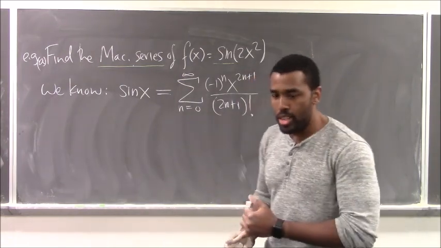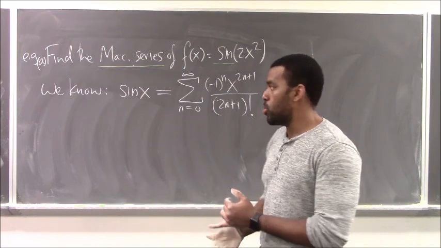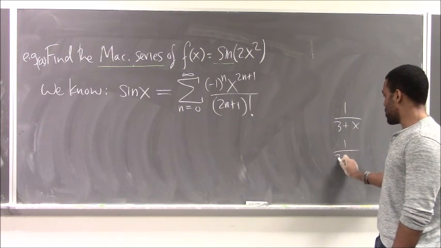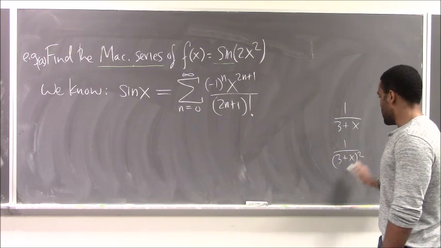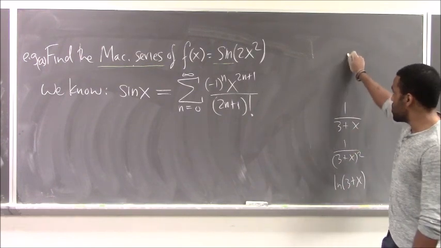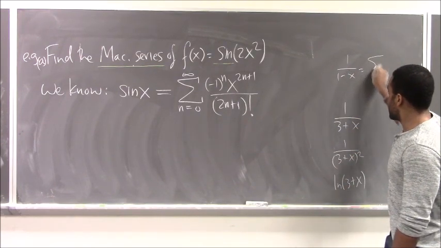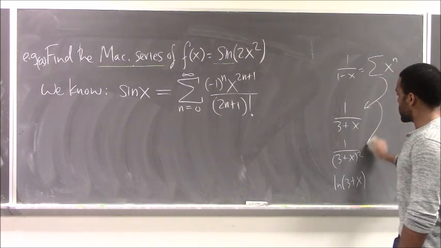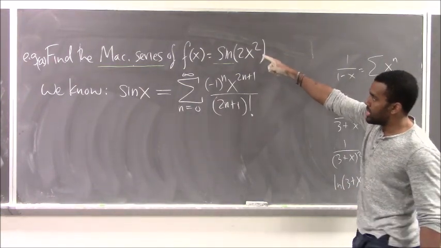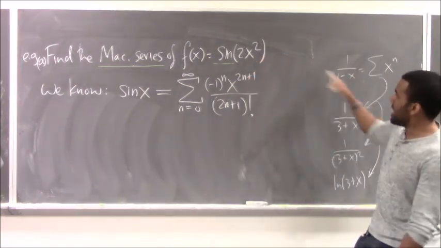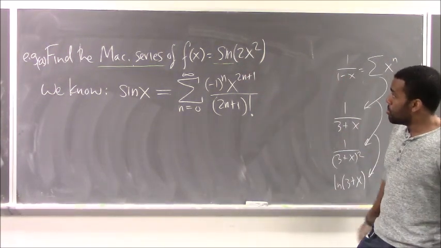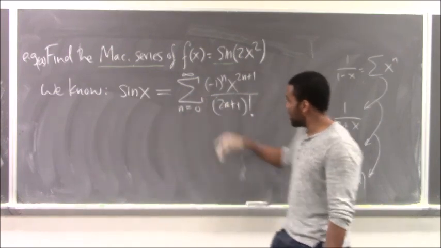So this should remind you of back when we were finding the series for 1 over 3 plus x and 1 over 3 plus x squared, and we did ln of 3 plus x. We actually used the fact that we knew about the 1 over 1 minus x to help us figure these out. We're doing the same idea here. I know about something that can help me with this specifically. So this can't help me with that because how am I going to express sine as a 1 over 1 minus x thing? But I know something for sine specifically.